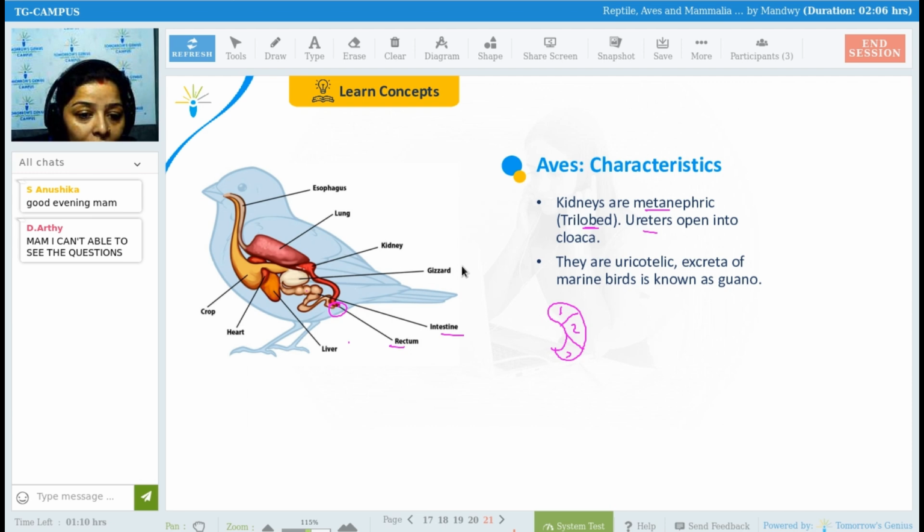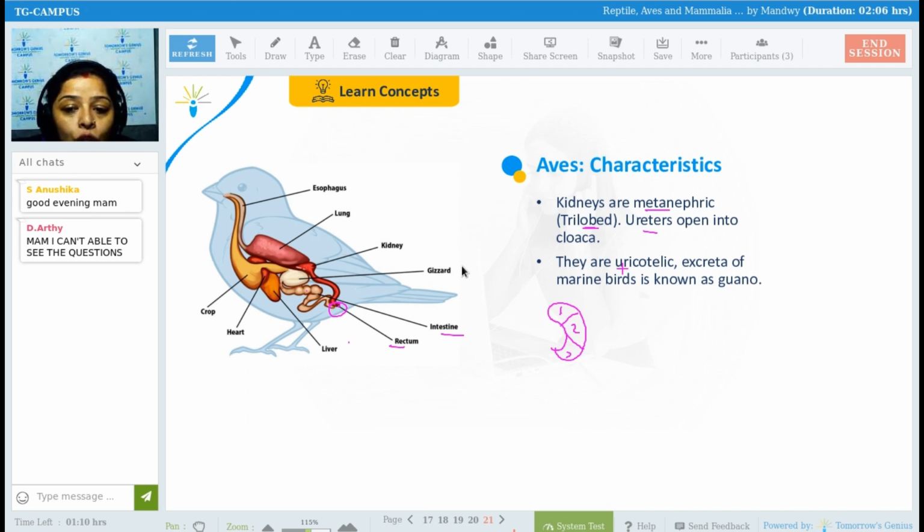The intestine separately attaches to the rectum. In our body, the end point of the intestine is the rectum, right? Here the intestine is separate and the end point of the intestine gets connected to the rectum.